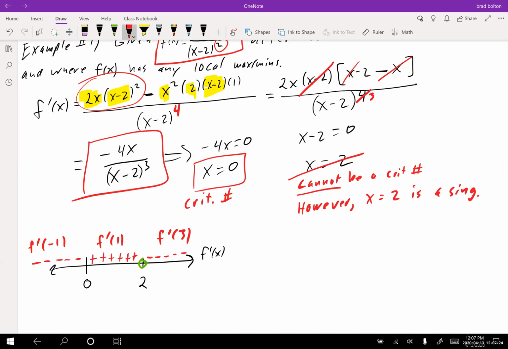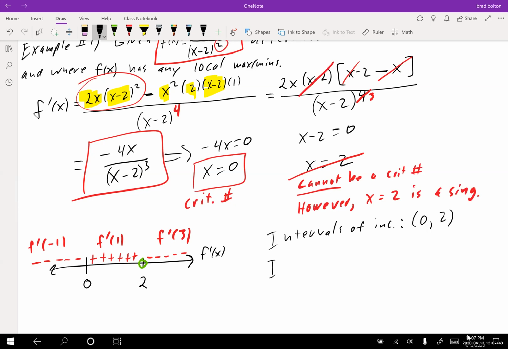So we now have intervals of increasing. Intervals of increasing are whenever we have a positive slope. So that would be from 0 to 2.